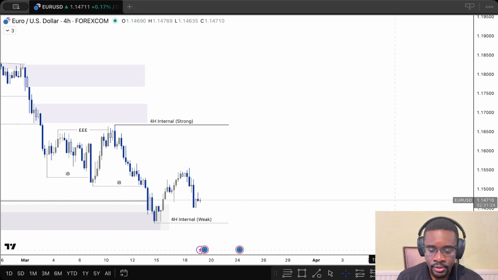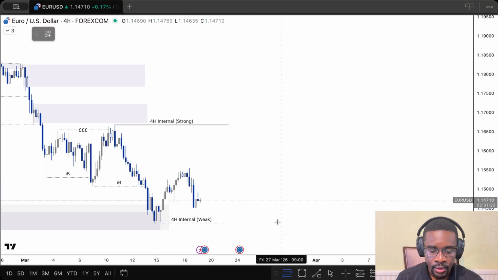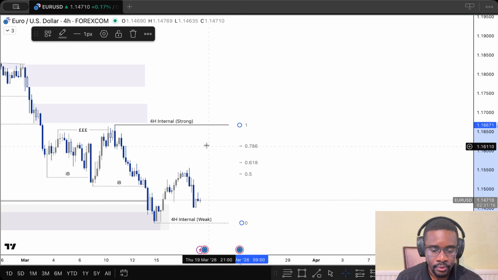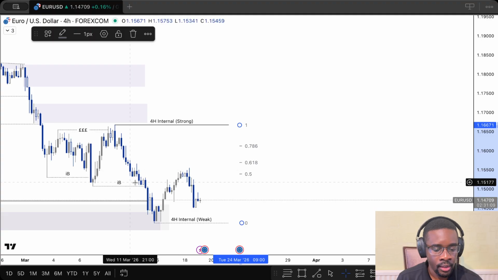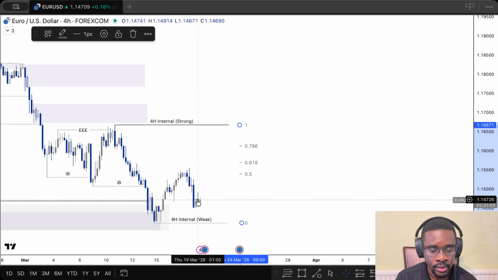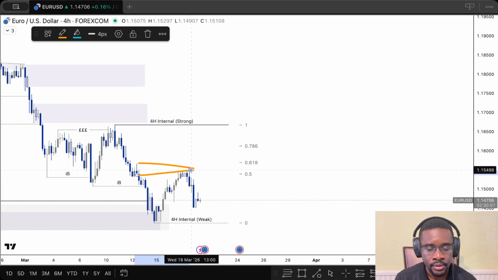So after break of structure, we expect price to pull back. Price has pulled back into equilibrium and mitigated a little bit of premium. Okay, so this is what we have, and now price does show to be reacting and has come down strongly after mitigating these areas here.